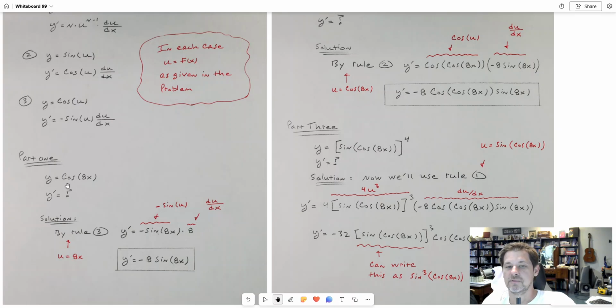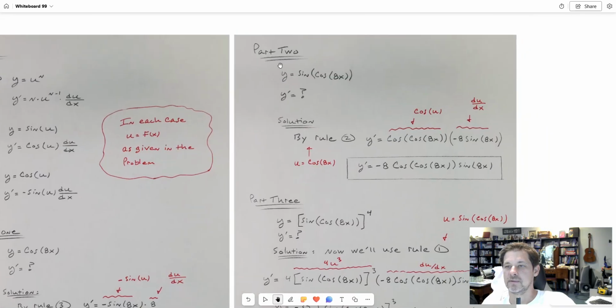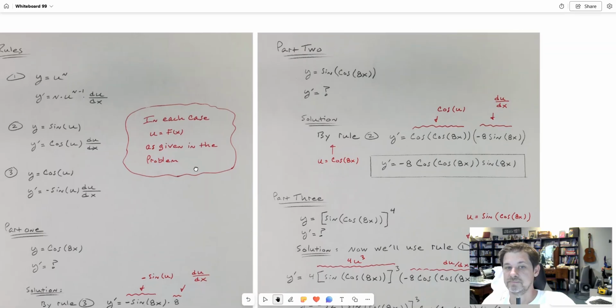What about instead of just cosine 8x, what if you had, part 2, a function that is sine of cosine 8x? Now this time, we've got the sine function, but we're taking sine of u, some other more complicated function, this time cosine 8x. Well, this is the rule. This second rule, rule 2, that's the rule that would apply.